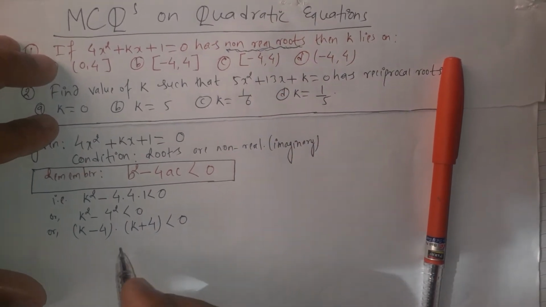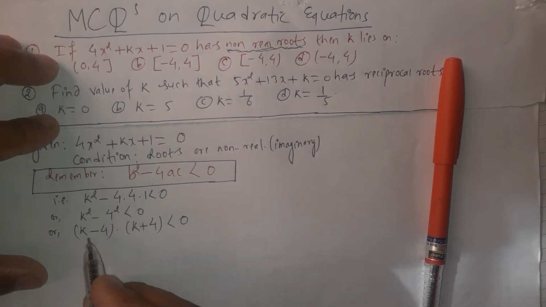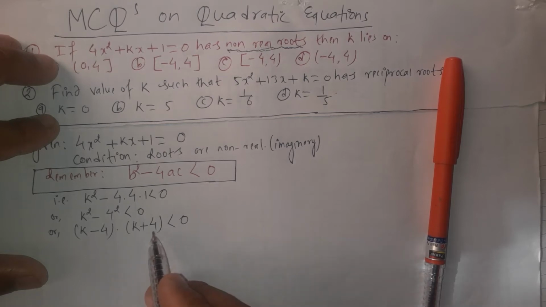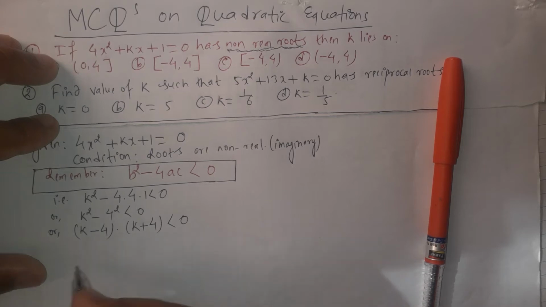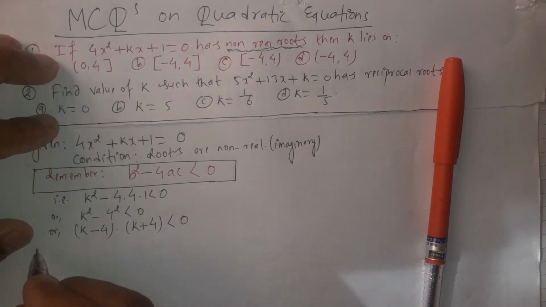Here the expression shows the result is negative. For the product of two numbers to be negative, one of them should be negative.